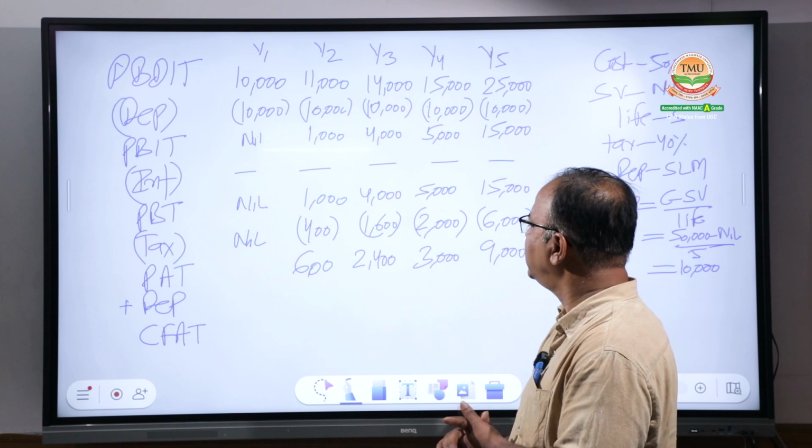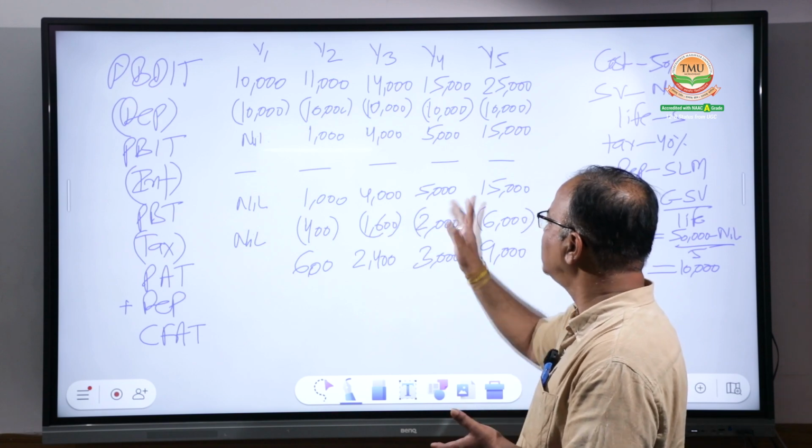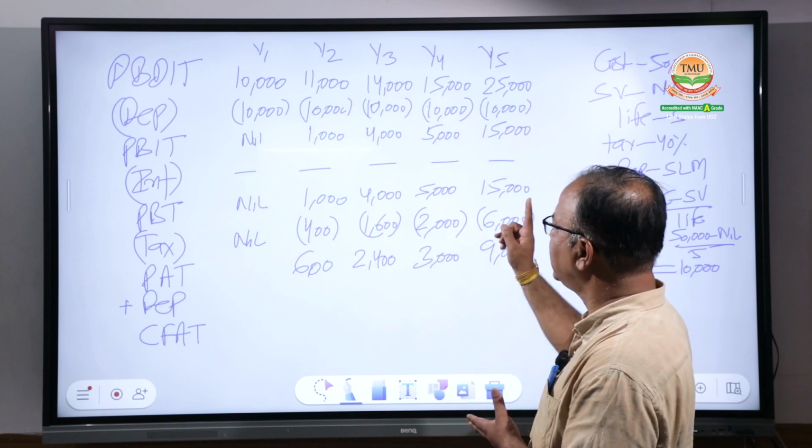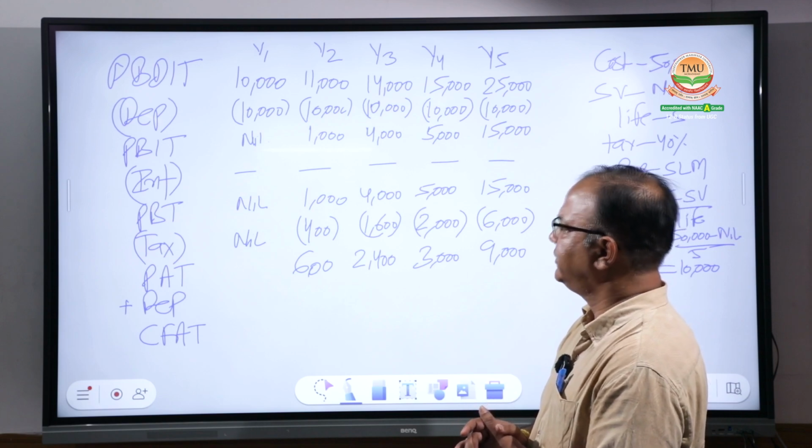In case of 4,000, tax is 1,600 and PAT is 2,400. In case of 5,000, tax is 2,000 and PAT is 3,000. In case of 15,000, tax is 6,000 and PAT is 9,000.